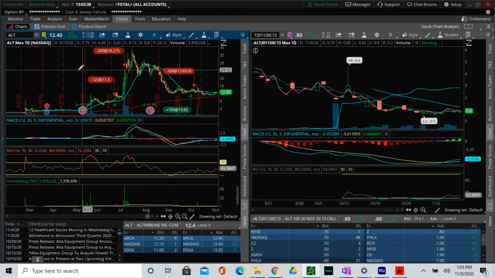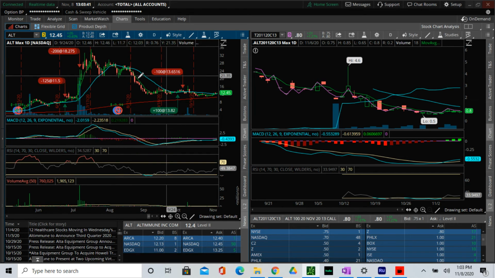When you zoom in on your chart, you start to look for support and resistance lines. So what are support and resistance lines? Support and resistance is where you will have the demand.